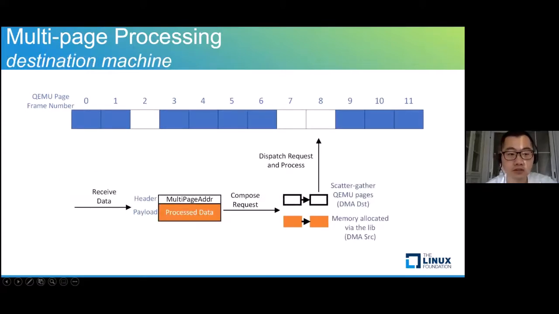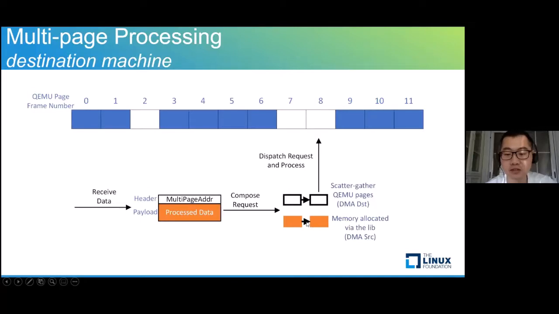On the destination side, when the data is received, it knows that there is a multi-page header, and the payload is the compressed data. Then the migration thread on the destination side will compose the request, and for the DMA buffer, the destination side address is calculated by the multi-page header, which tells where the QEMU page is that should hold those decompressed data.